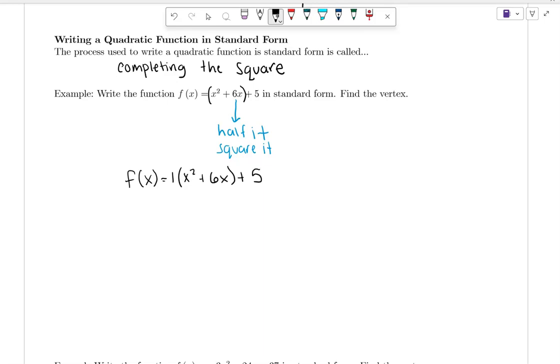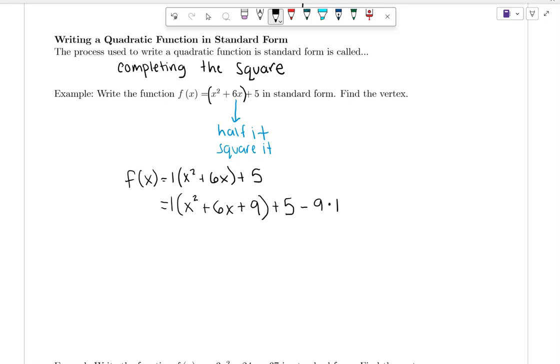So then, when we half our 6 and square it, what do you get? Yes, I think somebody said it, 9. So what we're going to do is add that 9 on right there. And then since we added a 9, it really would change our original function. So we also have to subtract 9 times 1.